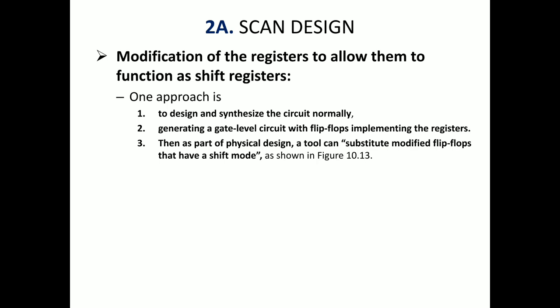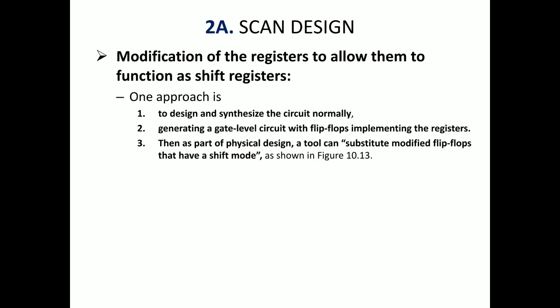At the physical design stage, we will modify the D flip-flop into a modified flip-flop that has a shift mode. Whatever D flip-flop we described in our hardware description language is synthesized as a D flip-flop only in the functional design stage.